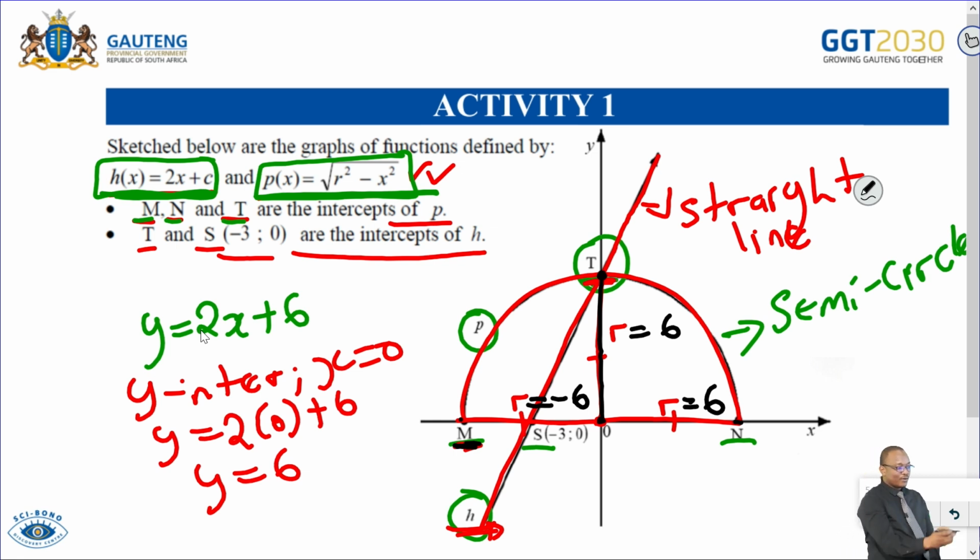Correct. So now, for the coordinate of N, we're going to have 6 and 0, because from 0 going to your right, we're talking about positive x values. And from your 0 going to your left, we're talking about negative x values. It means the coordinate of M there is going to be negative 6 and 0.